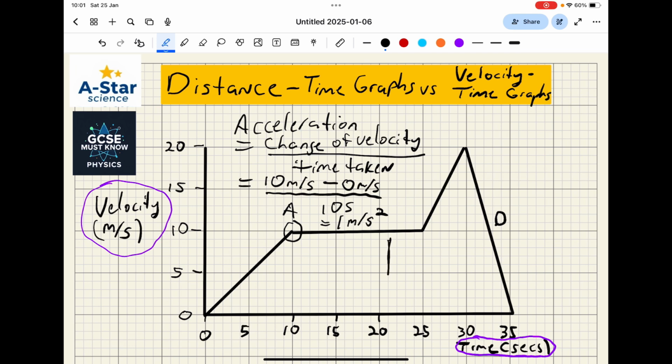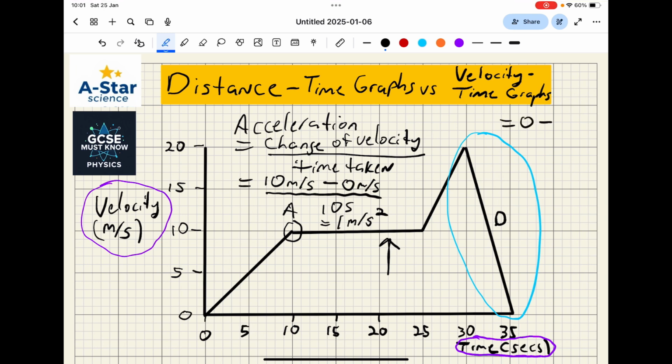Remember, of course, if it's a straight line, then the final velocity and the initial velocity will be the same, so there is no acceleration or deceleration. If we look at this part of the graph, we can see it's going down, and that will give us a negative number, because the final velocity, if we calculate it, will be 0.